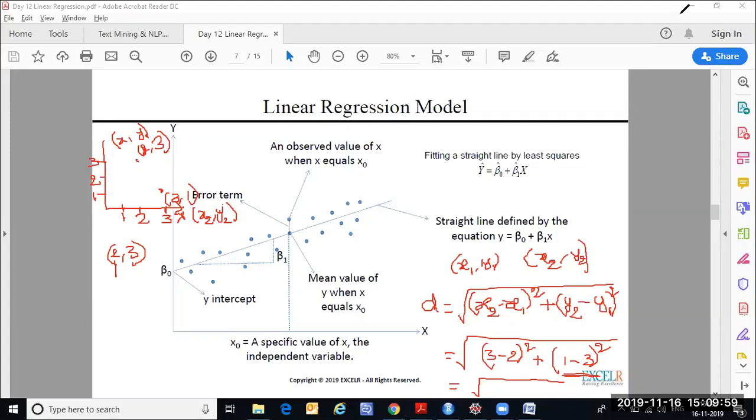And that's the whole reason the formula has been introduced as square root of x2 minus x1 whole square. Even though your underlying result of this expression is minus, by squaring it, it will be converted to positives. 3 minus 2 whole square, that is 1 square. 1 plus minus 2 whole square, which is 4.